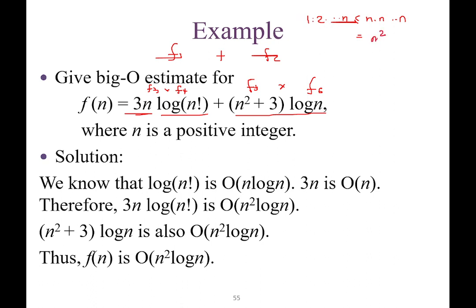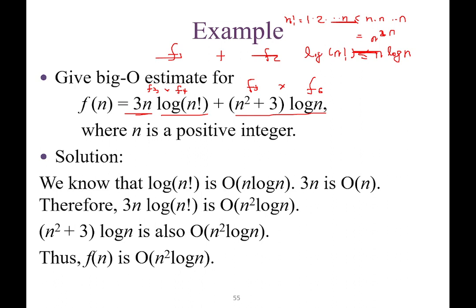This is factorial of n. If we take log of both sides, then we have log n factorial is less than log of n to the power of n, so we have n log n on the right hand side.